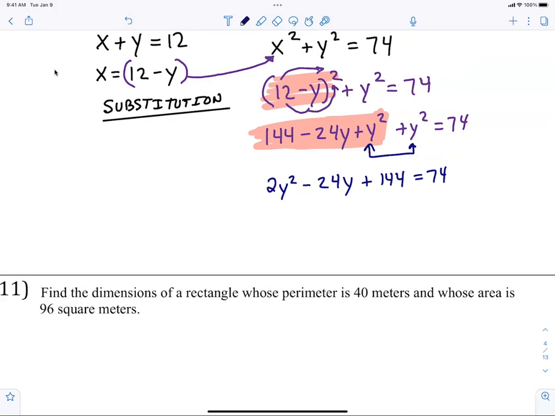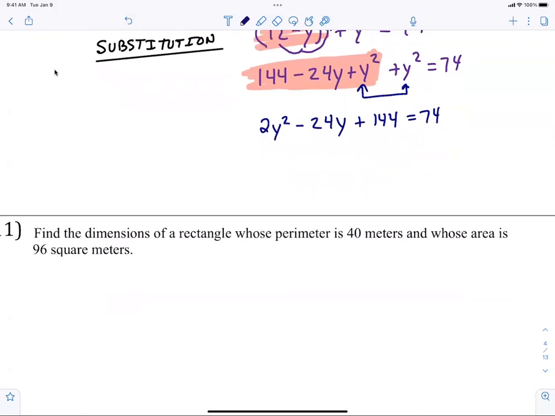Now it's a quadratic, so I have to do what? Set it equal to 0. So now I have 2y squared minus 24y plus 70 equals 0. Anybody got a problem with that?